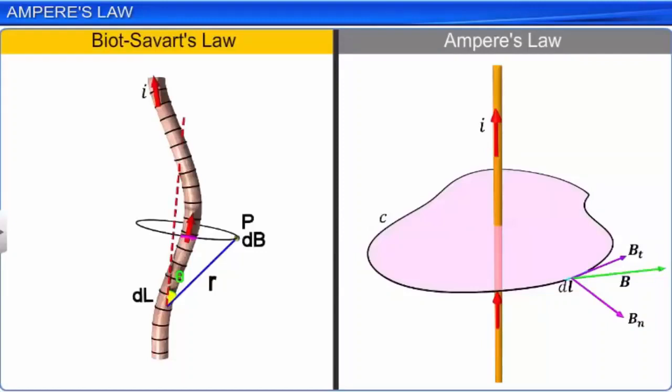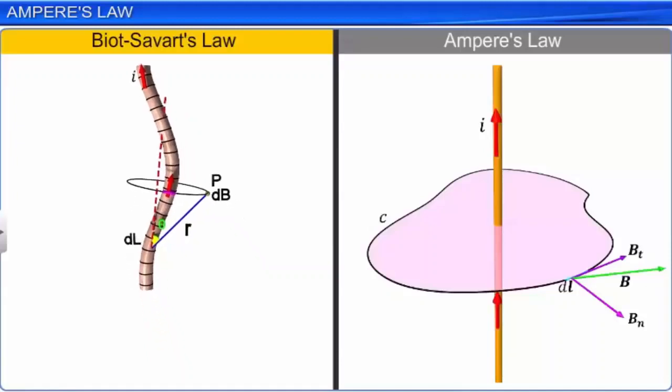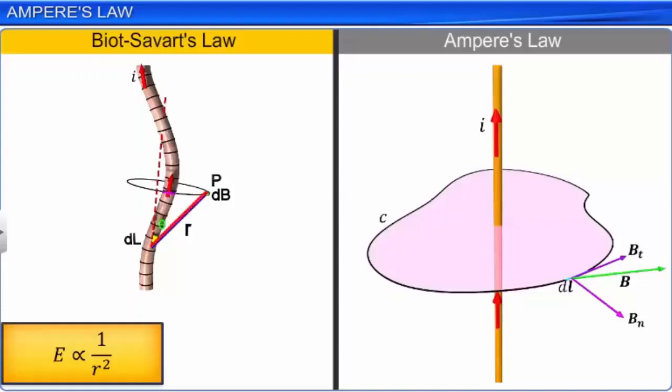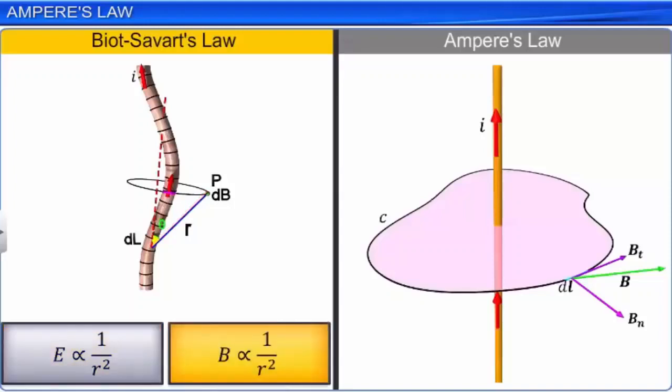According to the Coulomb's law, electric field strength at a point due to a charge is inversely proportional to the square of the distance from the charge to the point, that is, E is inversely proportional to R square. According to the Biot-Savart's law, the magnetic induction at a point due to the current-carrying conductor is inversely proportional to the square of the distance from the conductor to the point. That is, B is inversely proportional to R square.